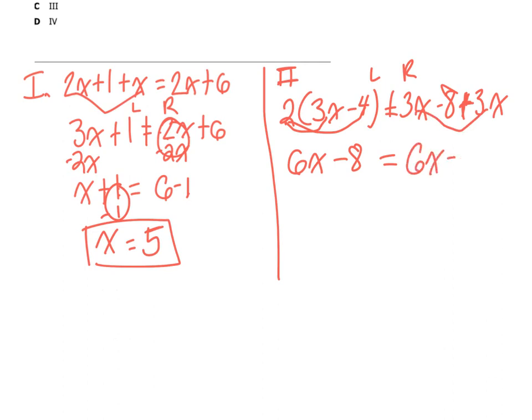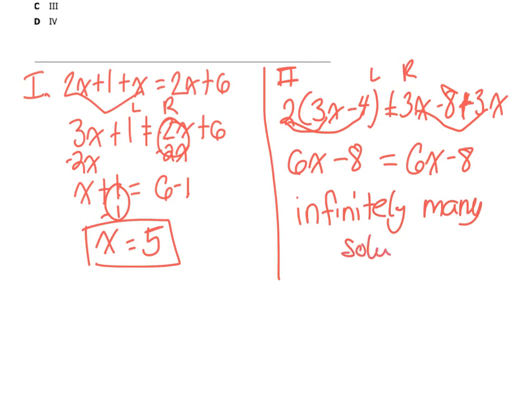So 6x minus 8 equals 6x minus 8. Both sides of my equation are exactly the same. That means I'm going to have infinitely many solutions. So no, equation number 2 cannot be my answer.